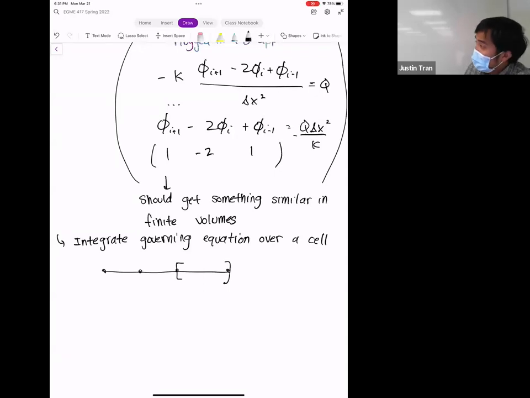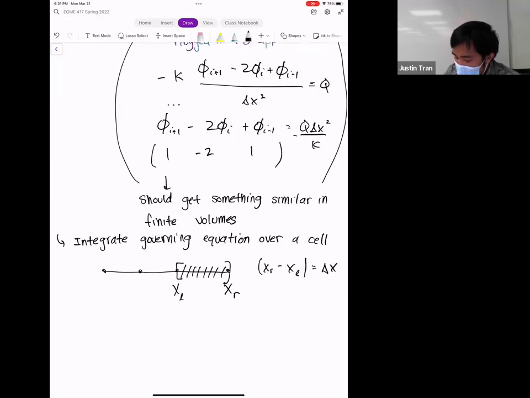This is a generic 1D cell. I'm going to perform the integral between two bounds: the left x position, xl, and the right x position, xr. If we take xr minus xl, this is going to be our grid spacing, so the length of our domain is exactly the same as our grid spacing.